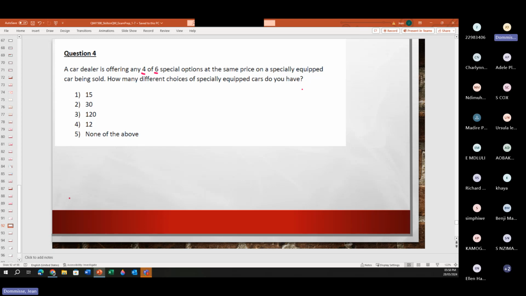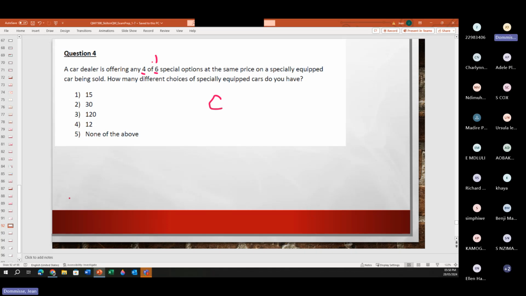So if I want a Big Mac plus chips plus a cool drink plus whatever, it doesn't matter what my selection is. The dealer is offering any 4 of 6, so I can pick whatever I want. There's no order in it, so that means we deal with a combination.